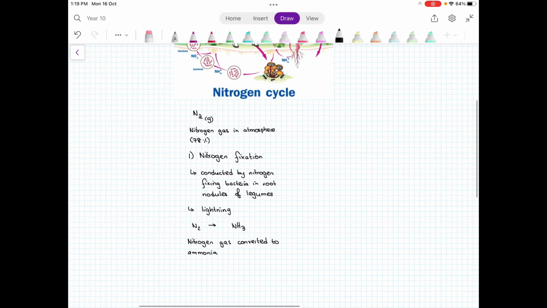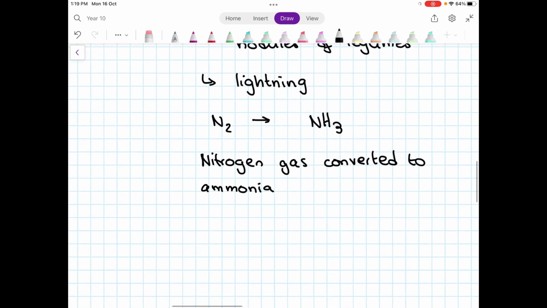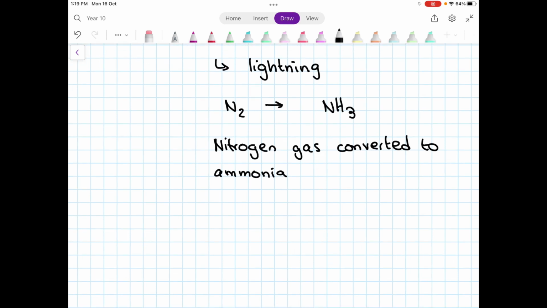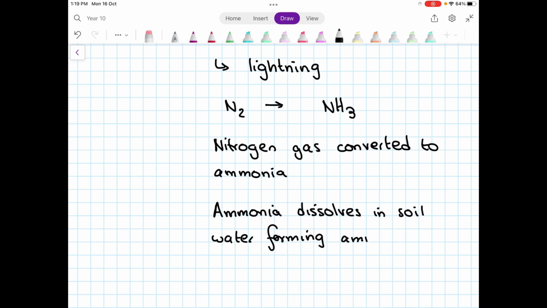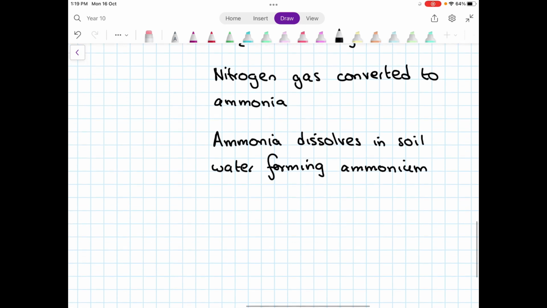Okay, so that's nitrogen fixation, and this ammonia then dissolves in soil water to form the ion ammonium. And ammonium is an ion, so its chemical formula would be NH4+.